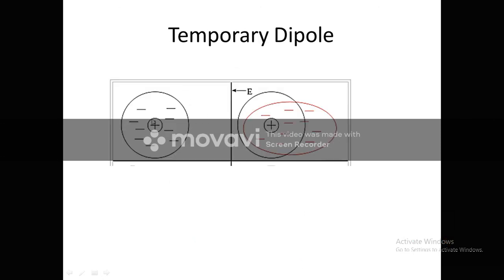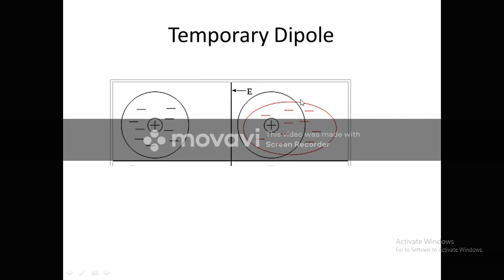Now these are the temporary dipoles. When the field is not applied, the structure is just like that. Okay, so when the external electric field is applied, directing from this to this, it means here are the positive charge plates and here are the negative charge plates. So the negative charges will be affected by these positive charge plates, and this centralized nucleus will be affected by the negatively charged plates.